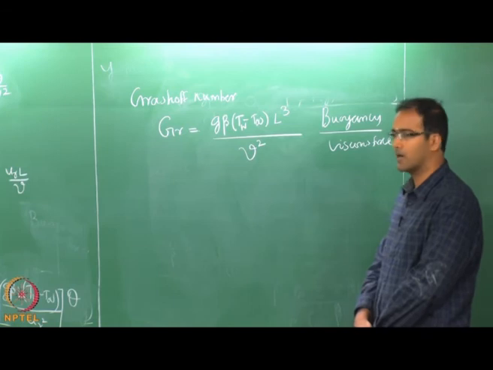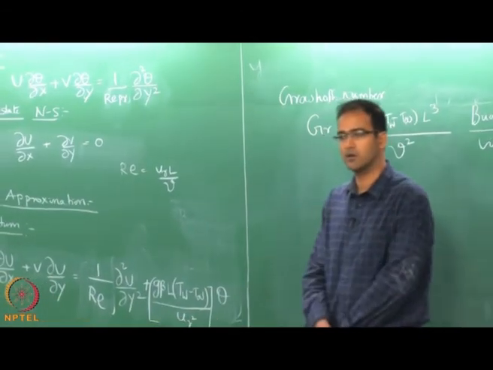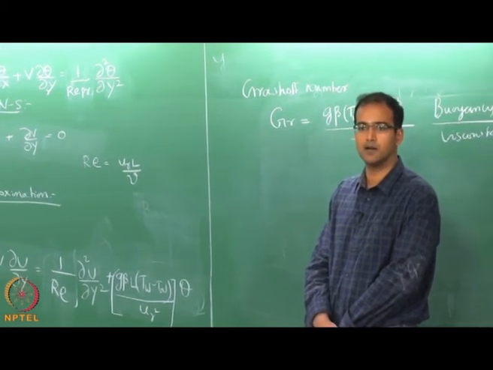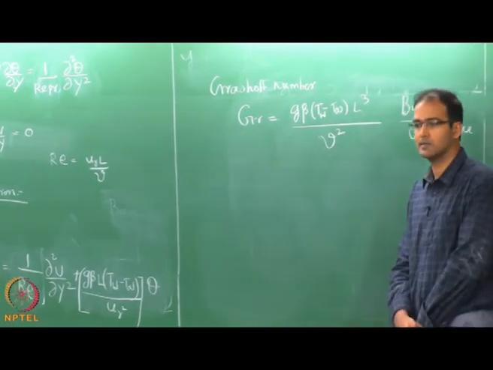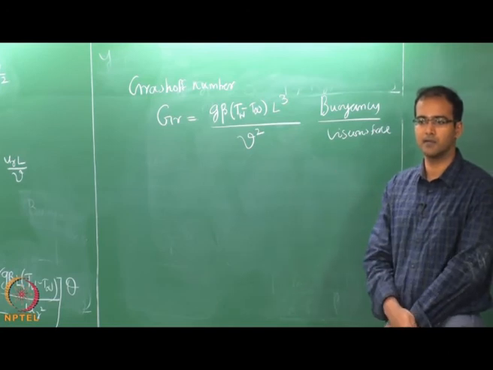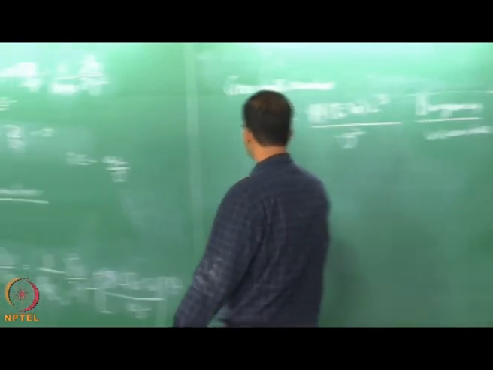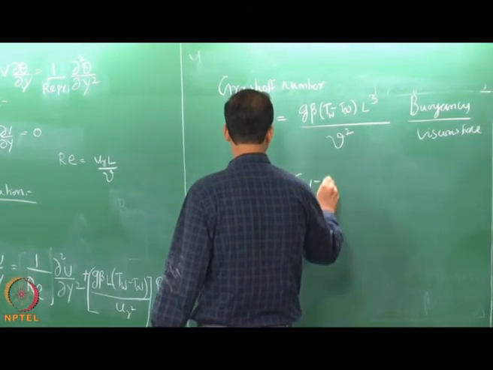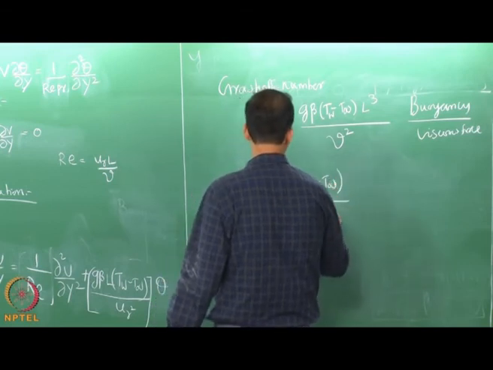And therefore, you can write this ratio of buoyancy to viscous force using the Grashof number and Reynolds number, because Grashof number is a function of buoyancy and viscous force, and Reynolds number is a function of inertia and viscous force. So, you can write g beta L into T wall minus T infinity by U_R square.